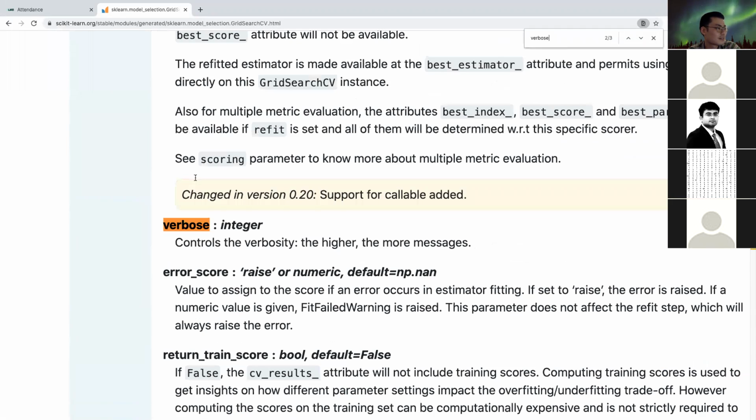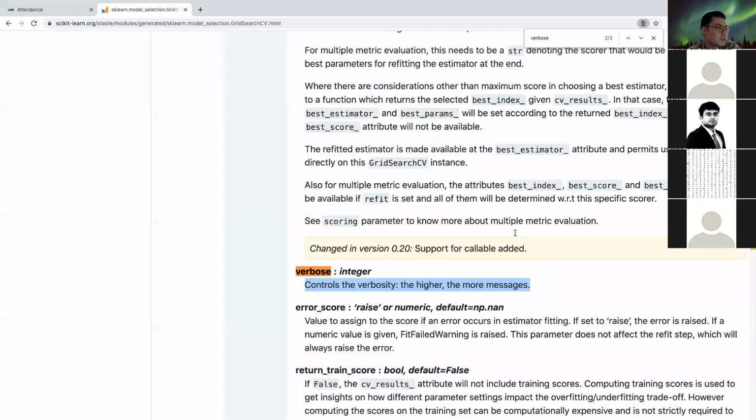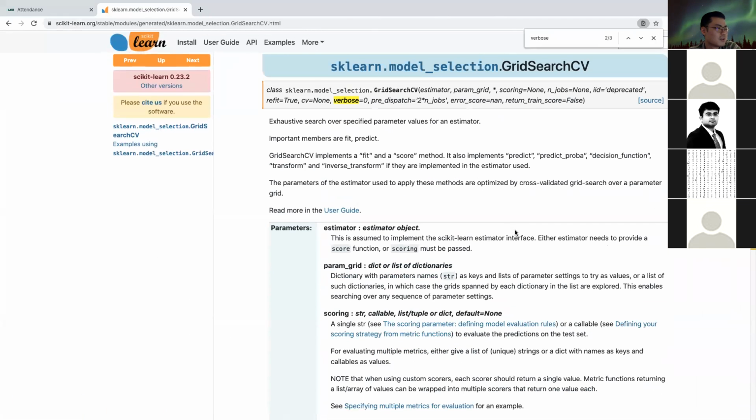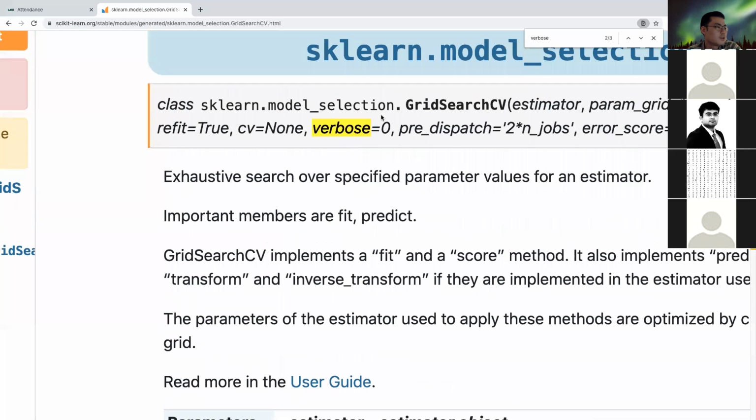The higher it is, the more messages. If you set it to high enough, maybe 2, it will print each time what the parameter and the F1 measure are. Yeah, I'll try that. By default it may be 0 because when you use the model, you don't want to print too much. If you set it to 2, maybe the problem is solved.